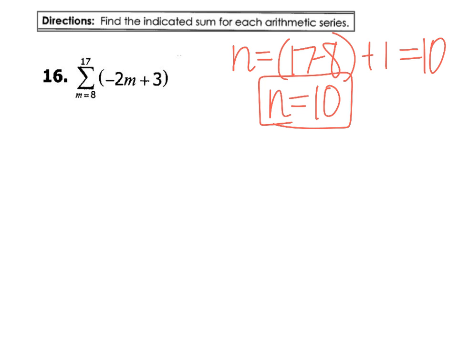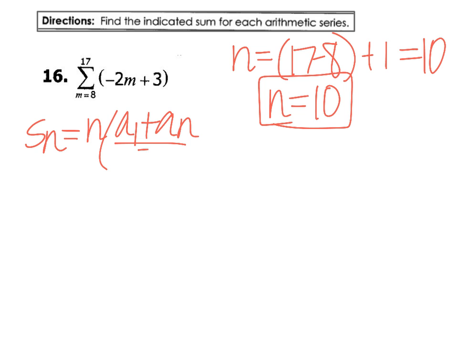Now we're going to use our formula for the sum of an arithmetic sequence. So the sum equals n times the first term plus the nth term, divided by 2. Now we've got that n equals 10. We need our first term, a sub 1, which is going to be when m equals 8.